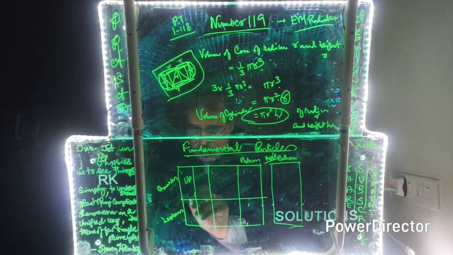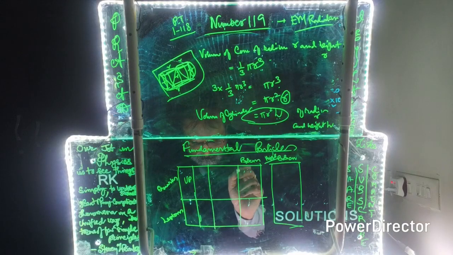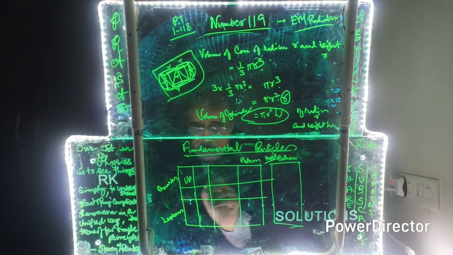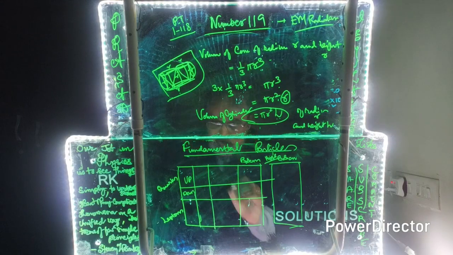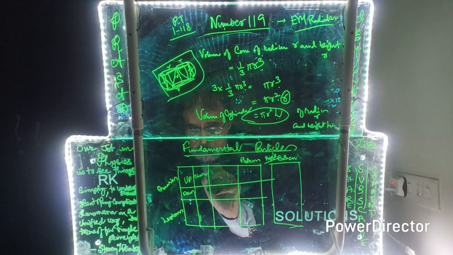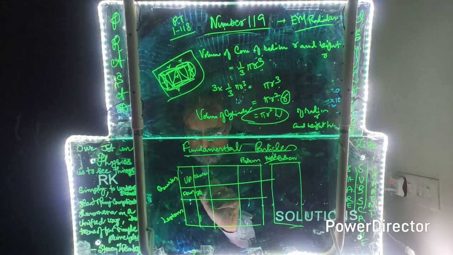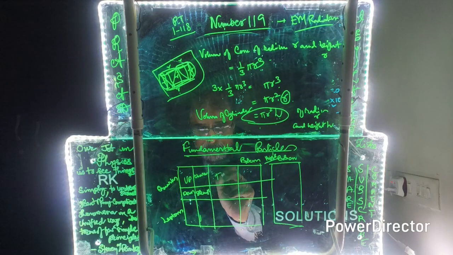We have up, down, charm, strange, and top, bottom. These are the quarks.